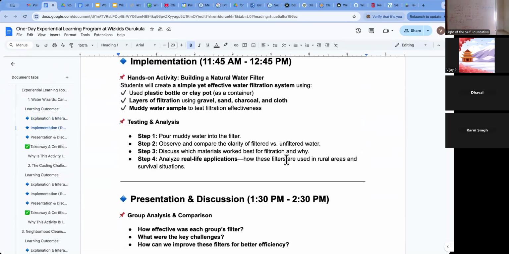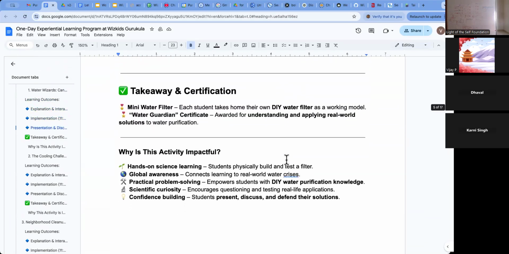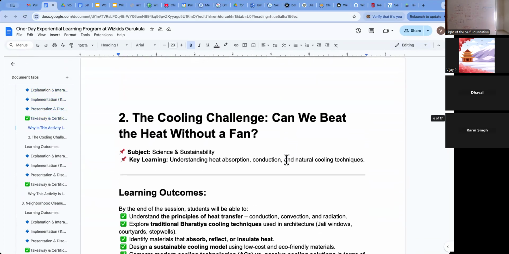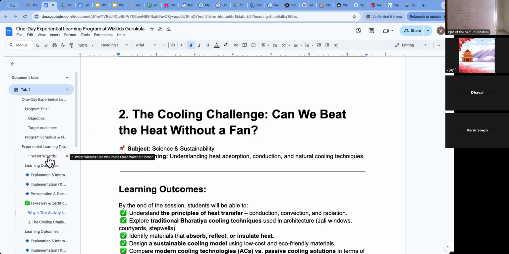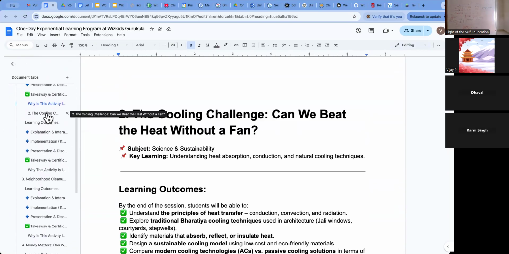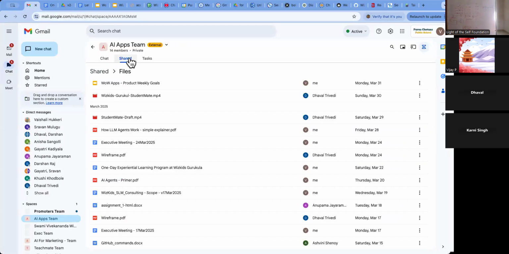He has thought of some 4 or 5 problems. The first problem is water wizards. The second one is in the share. In the AI upstream share, you see this one-day experiential learning doc.